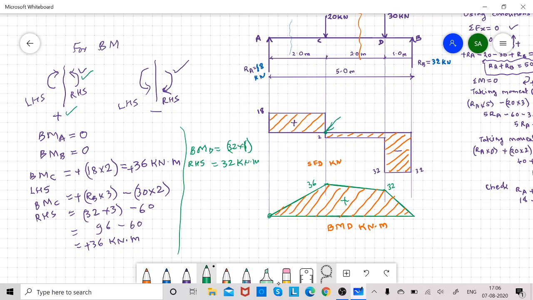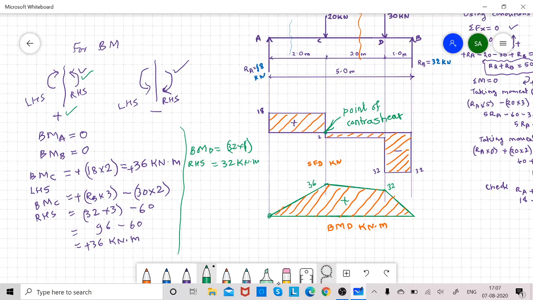Now note down this point, that is in this case the C point. Here the shear force crosses the baseline. It changes the sign from positive to negative. This point is known as point of contra shear. Contra means opposite, shear. Here shear force changes its sign, positive to negative.